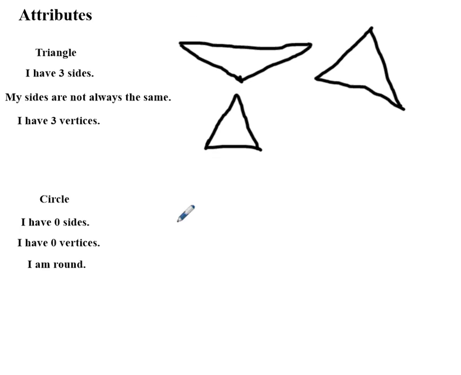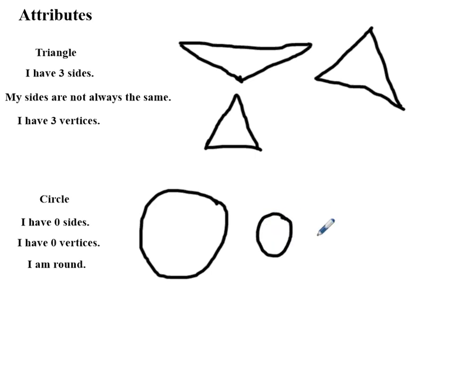So I'm going to draw a circle. Very good. That wasn't a perfect circle, but I can also draw even a smaller circle. So still a circle, doesn't have any sides, it doesn't have any vertices, and it is round.